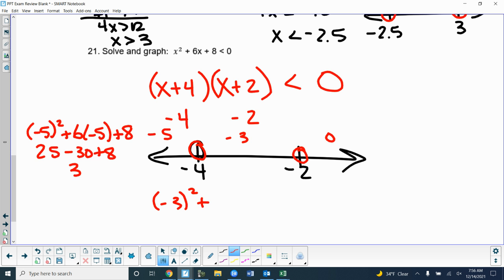When I put -3 in, and again, I put it in the original problem. Let's see if that's true. I get 9 minus 18 plus 8. 9 minus 18 is a -9 plus 8 is a -1. Is that less than 0? Yeah. So I connect those.